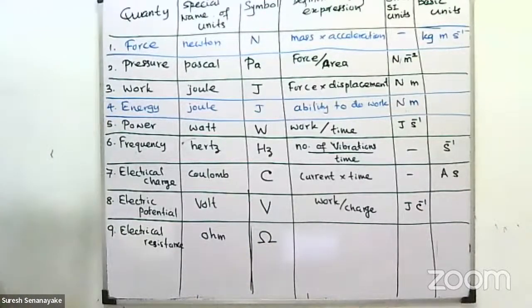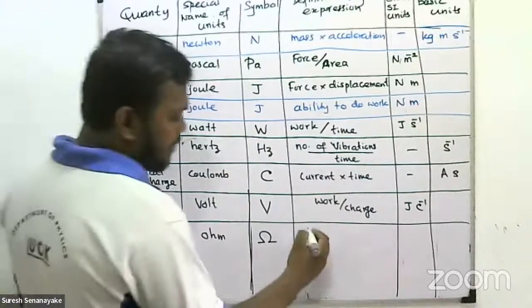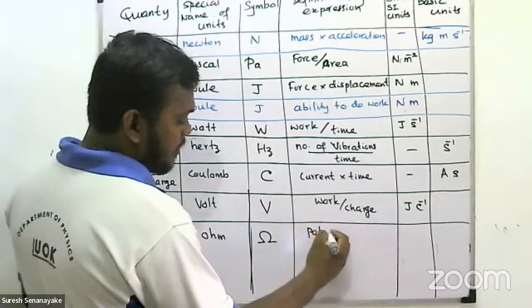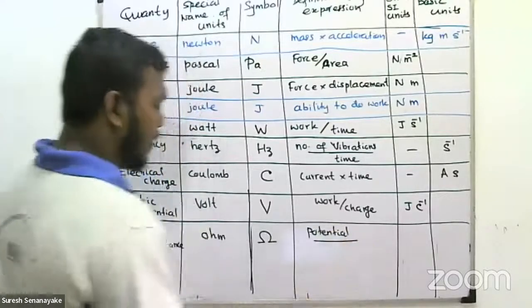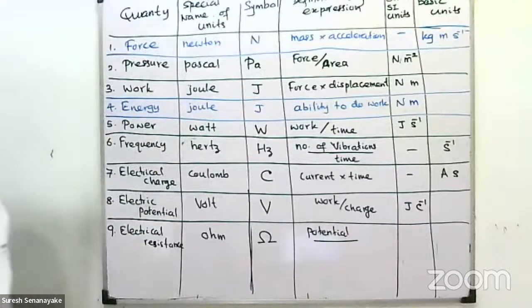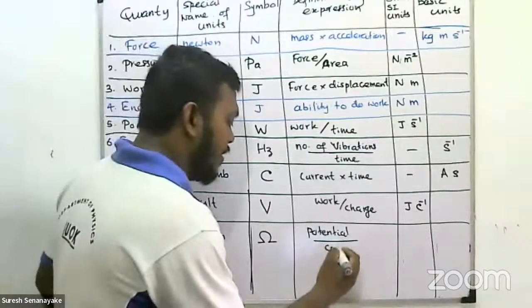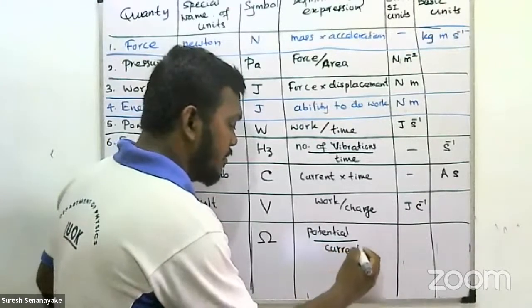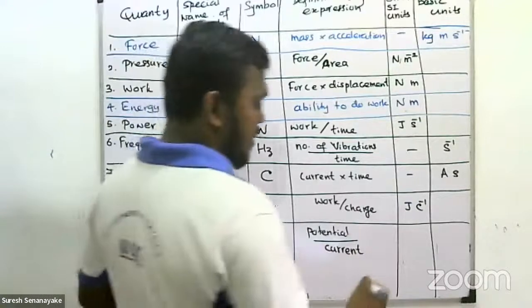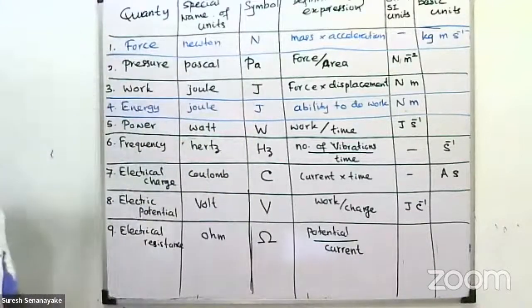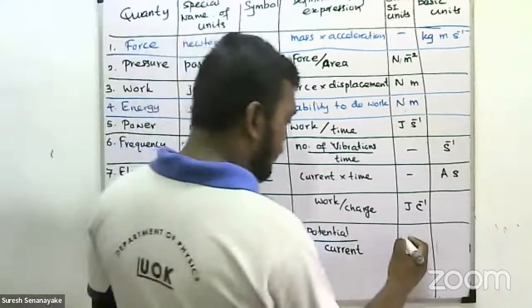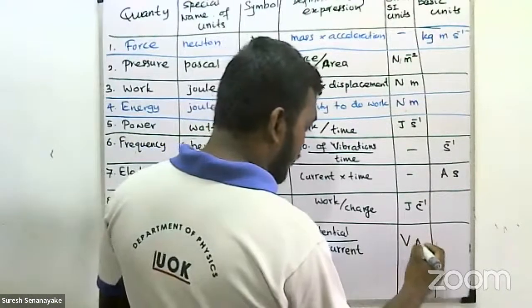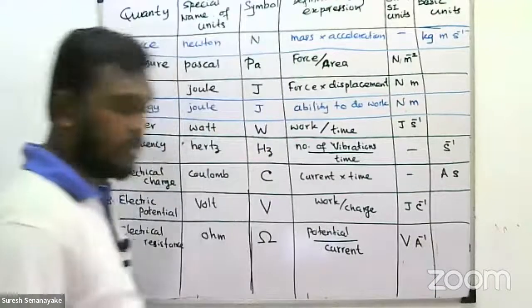The definition is electric potential divided by the current. And the other unit you can write as volts per ampere. Volts per ampere, correct.